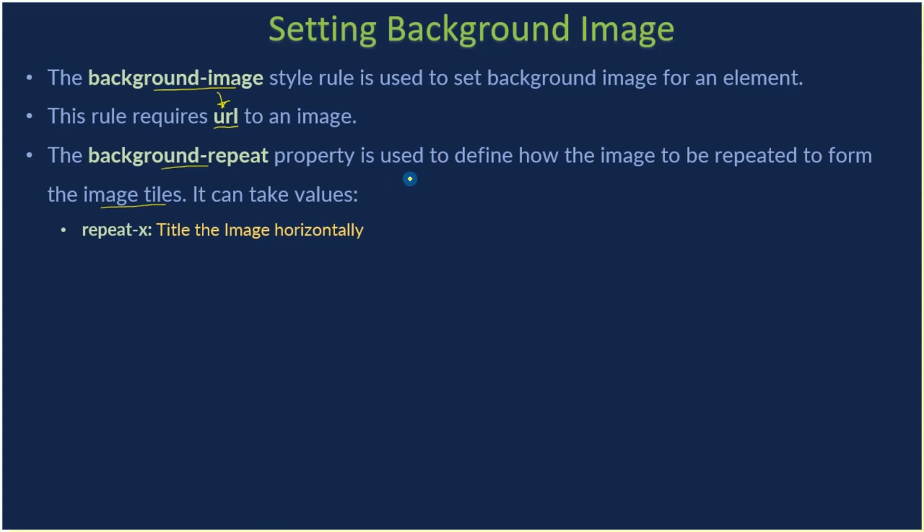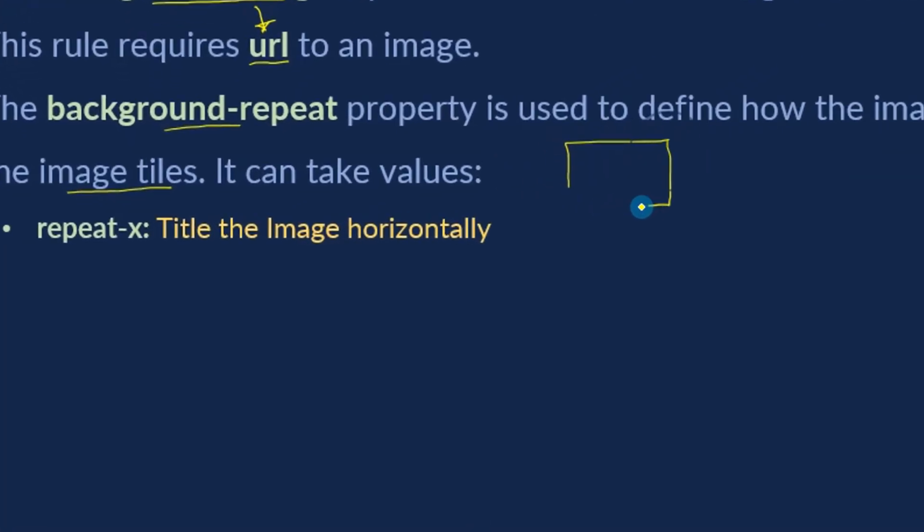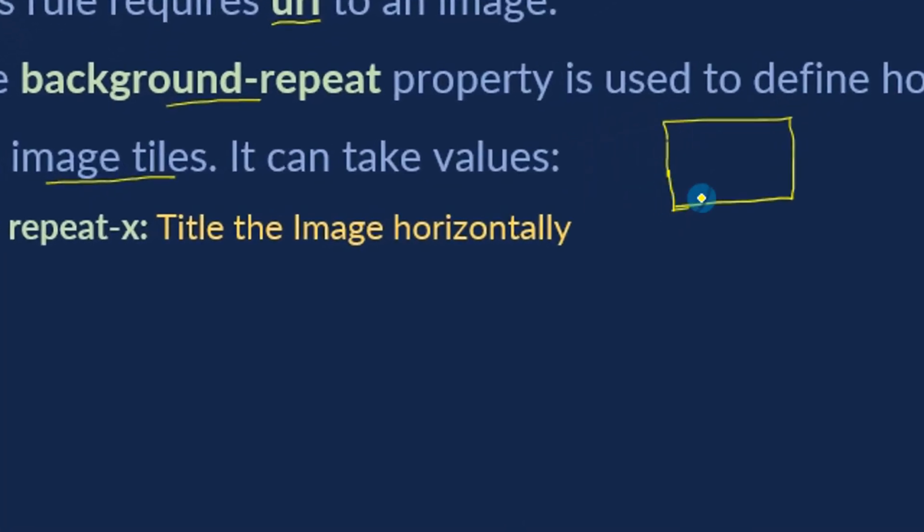So say for example, this is the HTML document, and let's say this is your div tag and this is your image. If you specify repeat-x, the image will be copied horizontally to form a tile.